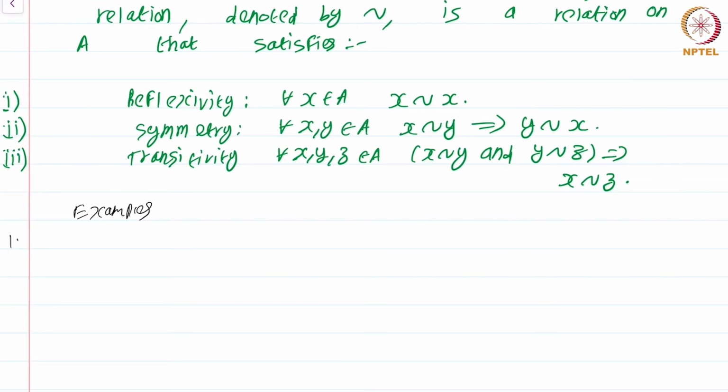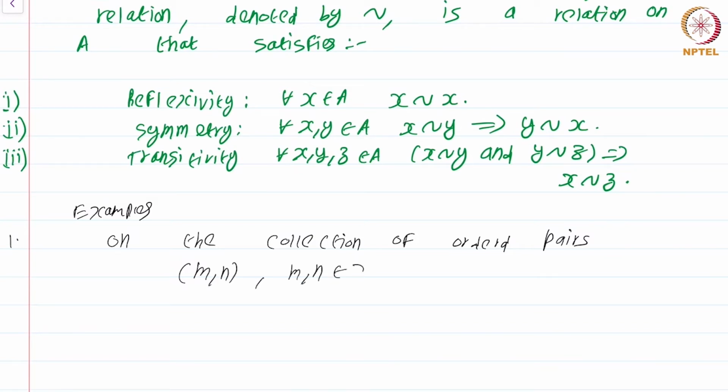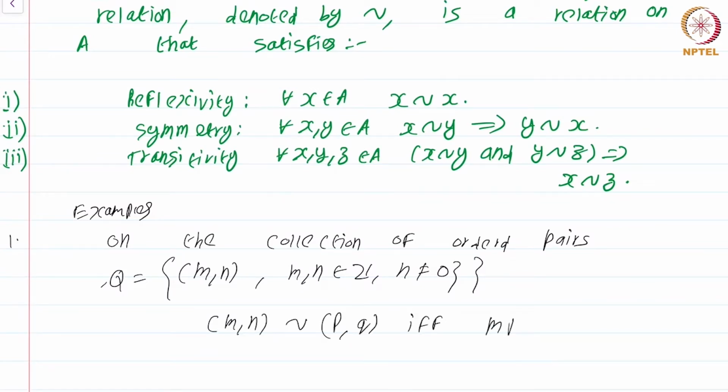On the collection of ordered pairs m, n in Z, n not equal to 0, which is what we call Q, define an equivalence relation that says that (m, n) is related to (p, q) if and only if mq is equal to np.